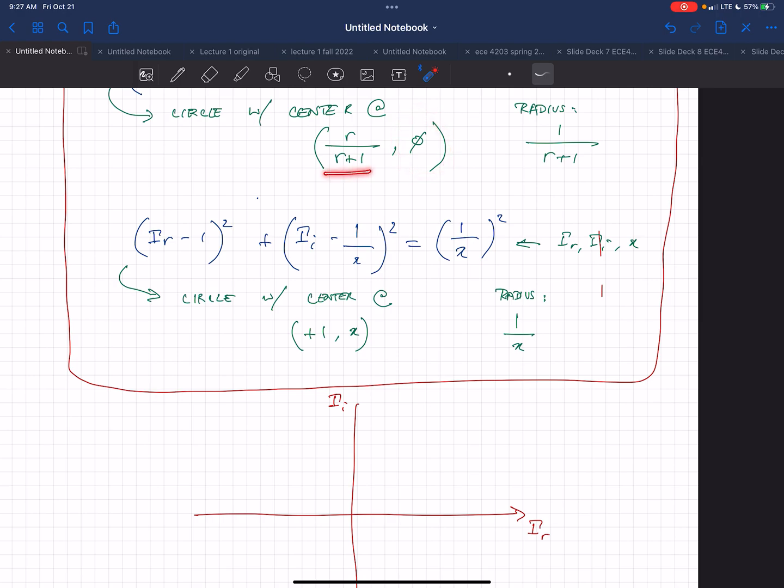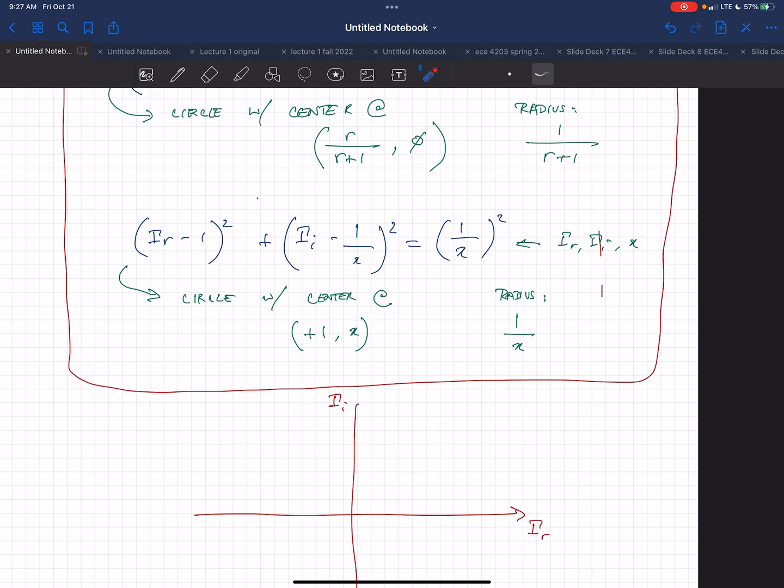It's going to move in the r over r plus 1 direction. So as I change R, the center of that circle is going to shift, and the radius of the circle is also going to shift. As I change my impedance, that circle is going to expand and shrink, but it's not going to go up above the imaginary axis.